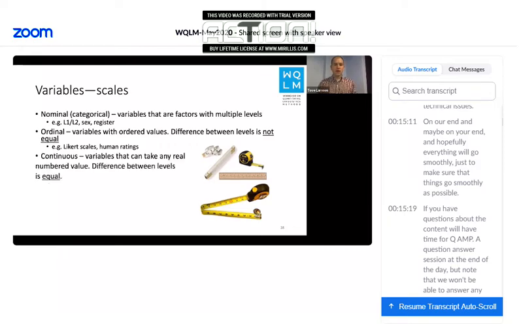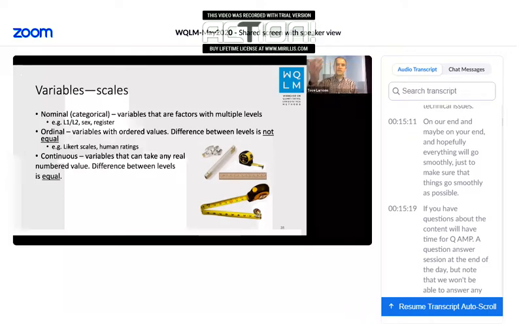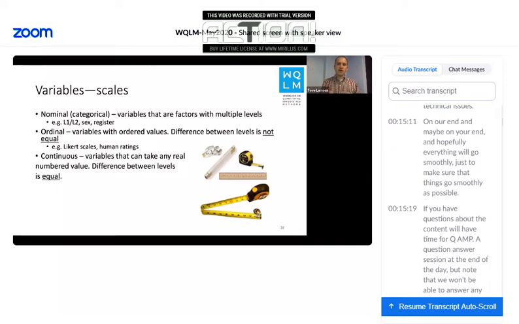Okay, so going a step further in the direction of quantitatively measuring real-world phenomena, we have continuous variables that can take any real numbered value, and the difference between these levels we can assume to be equal.